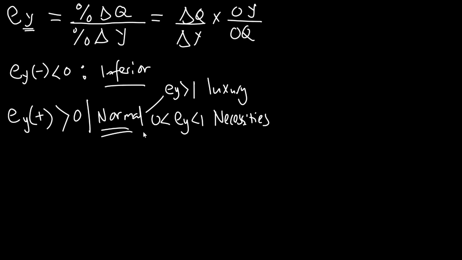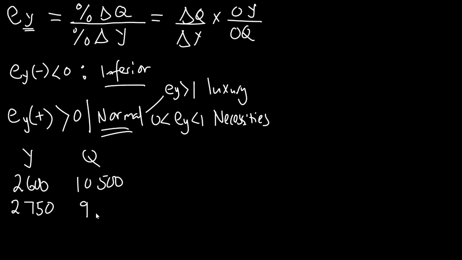So let's look at this example where your income is 2,600, and then it changes. People get more money, 2,750. The quantity initially was 10,500, and then it goes down to 9,800.